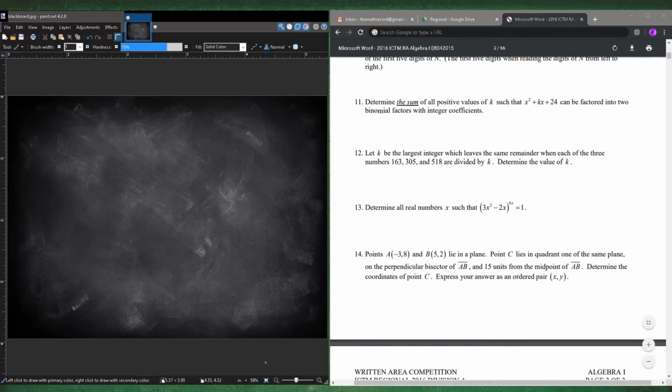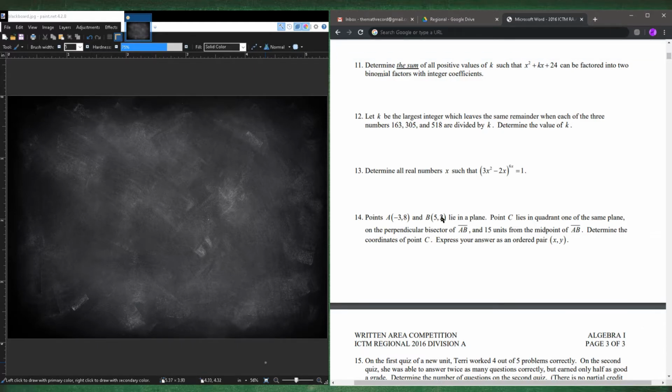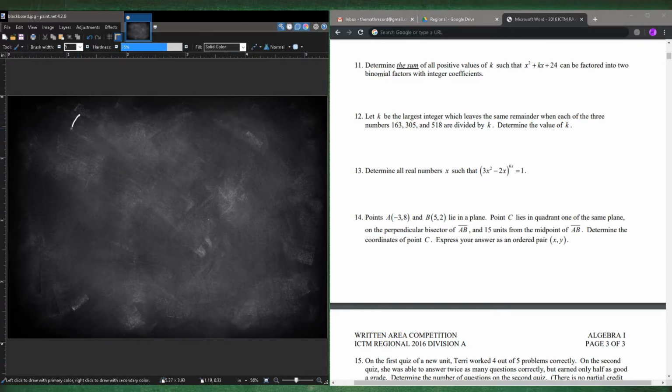Okay. Number 13. Determine all real values x such that (3x squared minus 2x) to the power of 6x is equal to 1. So the only way to get 1 with a power is to have 1 raised to a power.